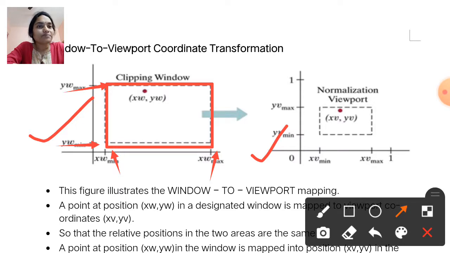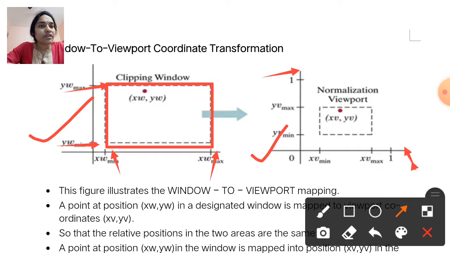So here this one is your X axis and this one is your Y axis. In this X axis, XV means X viewport and YV means Y viewport.